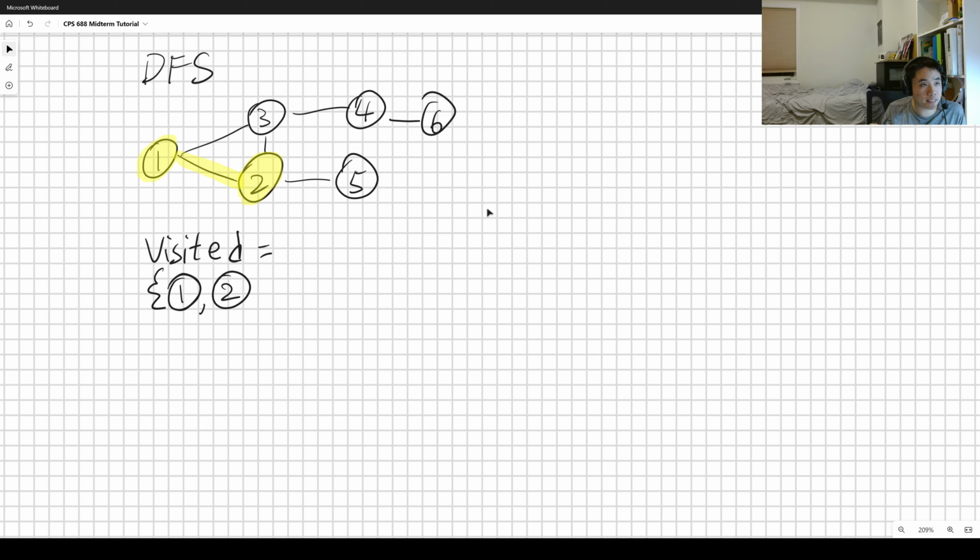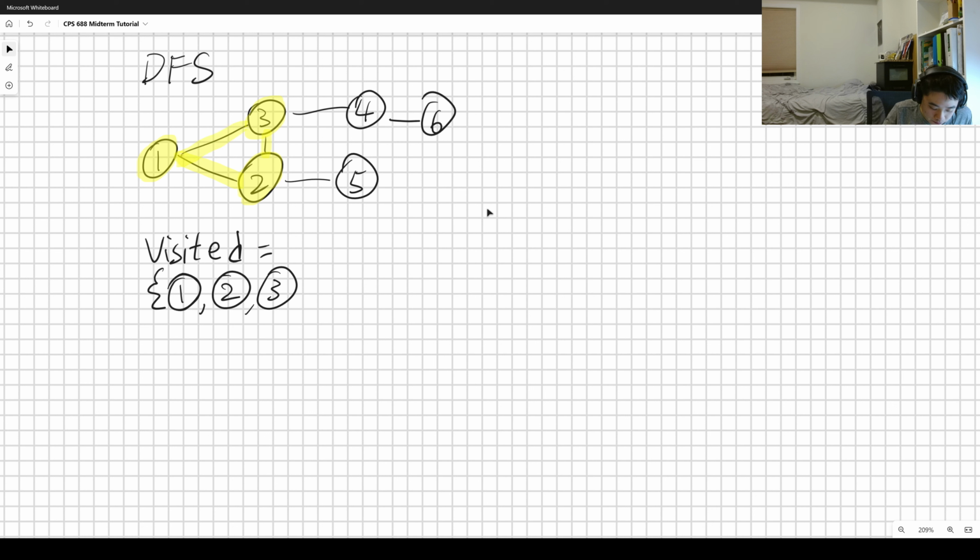We're gonna go as deep as we can until we hit either a visited node or a dead end. In ascending order, we're gonna do 3 next. Okay, 3. But 3 travels to 1 and that's already visited.